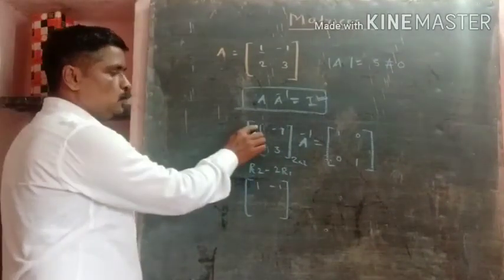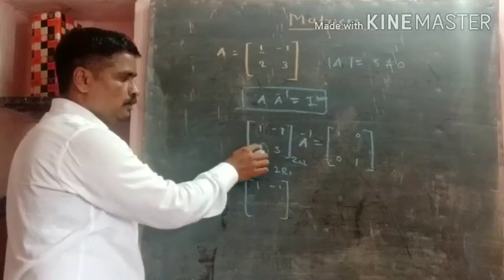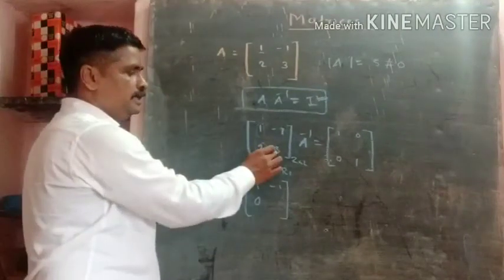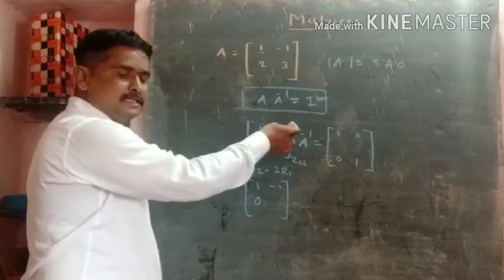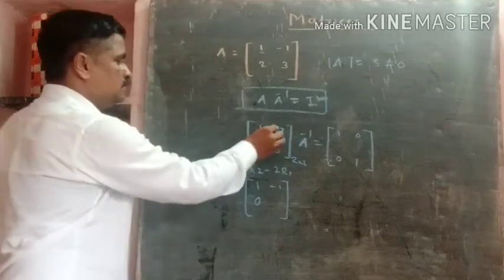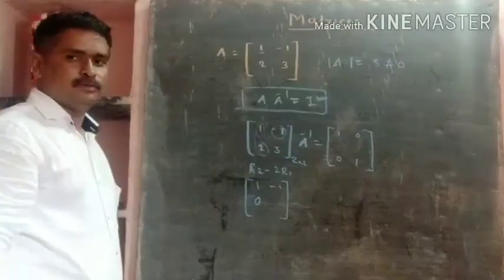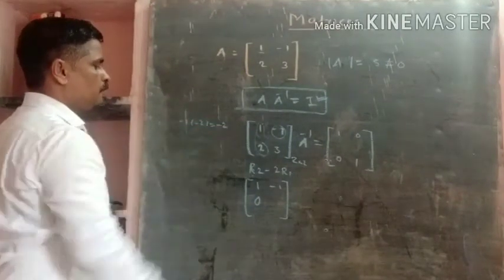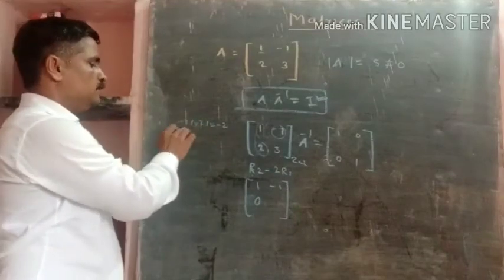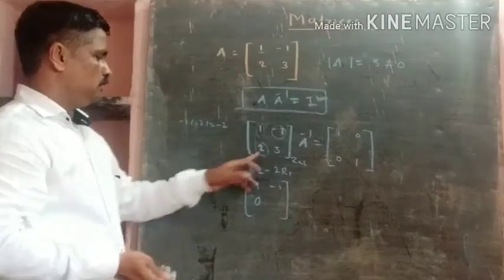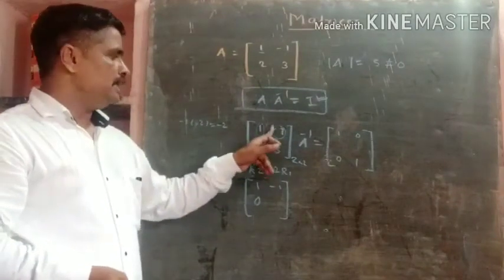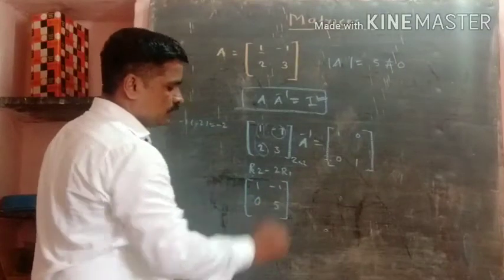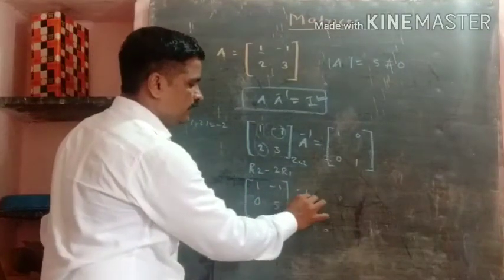That means 2 into 1 is 2, 2 minus 2 is 0. Again, 3 minus 2 into minus 1, that is minus 1 into minus 2, which is 2, so 3 plus 2 equals 5, into A inverse.